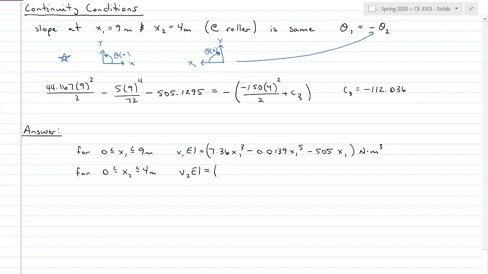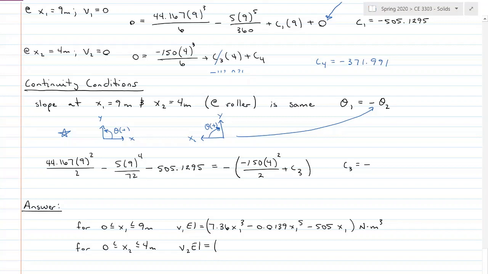Oh, I got my, okay, I wrote down some wrong values. So I'm going to come back here and correct this. Okay, C3 is negative 371.991, which means C4 is equal to positive 3,087.964.